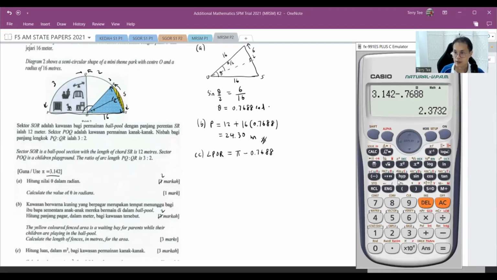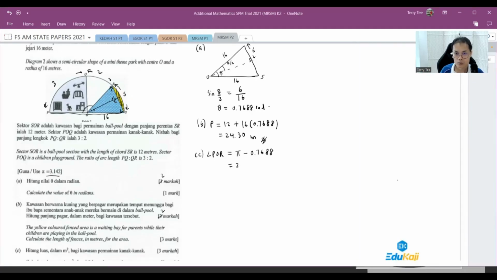Then my answer is 2.373. If you want to use more decimal points, go ahead. Now next, once you know angle POR, we need to find what is angle POQ.